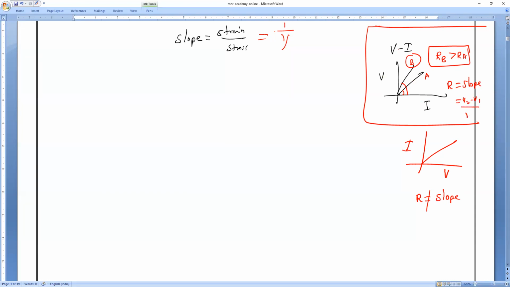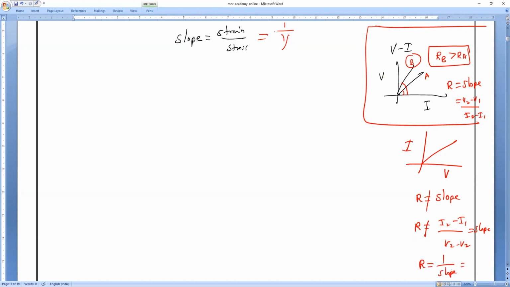That is, V2 minus V1 divided by I2 minus I1. But I2 minus I1 divided by V2 minus V1 is the slope, and it is not equal to R, because R is equal to 1 by slope.